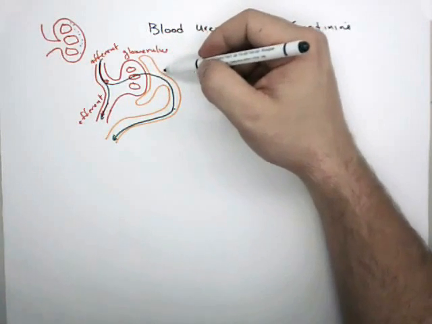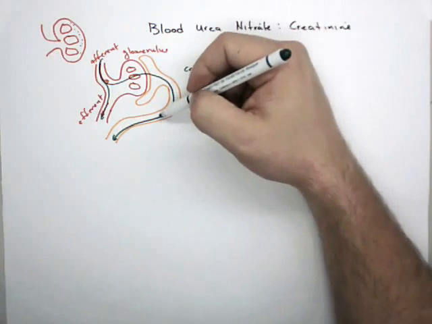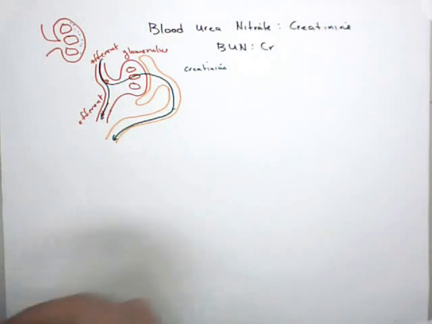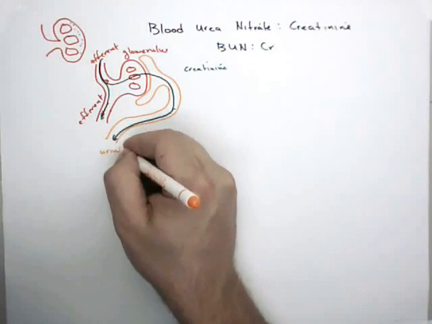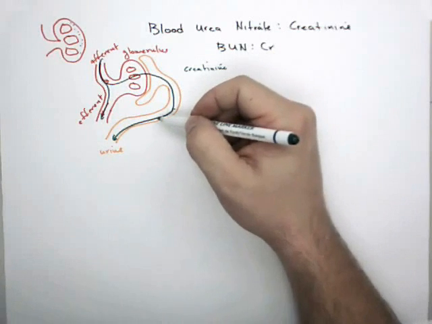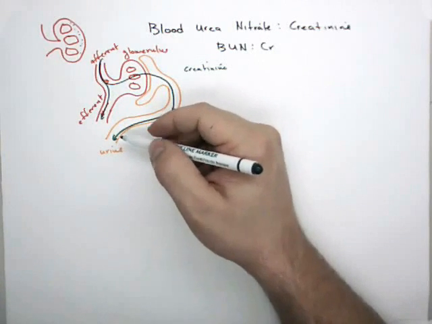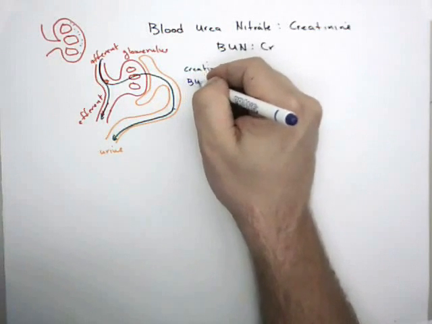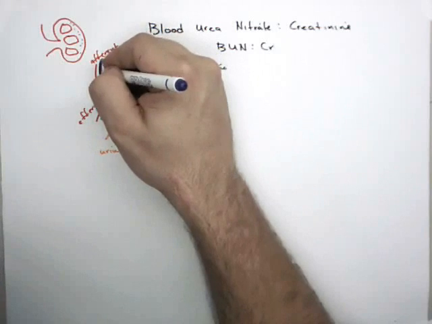This is called Bowman's capsule, the proximal convoluted tubule. I've kind of straightened out the loop of Henle, and the distal convoluted tubule. Where this is heading eventually is to urine. So creatinine, once it's filtered and it makes it into these tubules, it stays in the tubules until it heads into the urine.